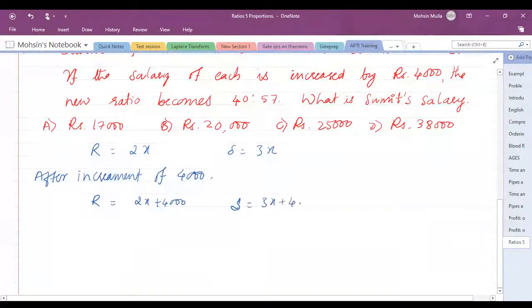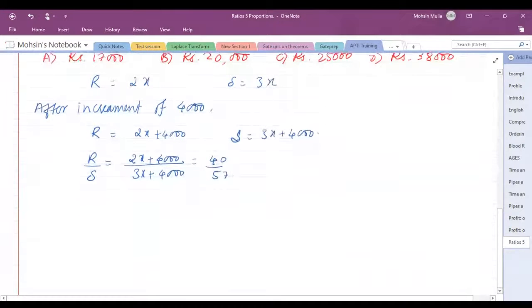The ratio of Ravi and Sumit after increment is also given, so you take this as it is: 40 divided by 57. Now if you calculate the value of x, then you just substitute the x value and you will get the answer.